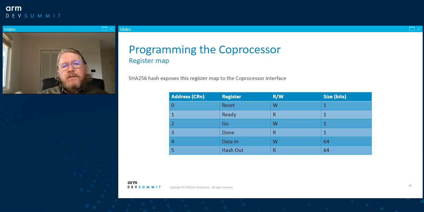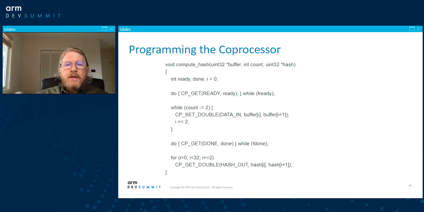We have a done bit that will tell us when the computation is complete, and we have two 64-bit ports, one for passing data in and one for reading the hash out. And so using the macros that I described earlier, this is what a compute hash function would look like, and it would be callable from C within the application that's running on the M33 processor.